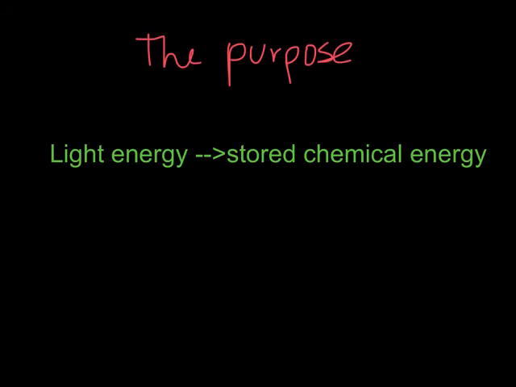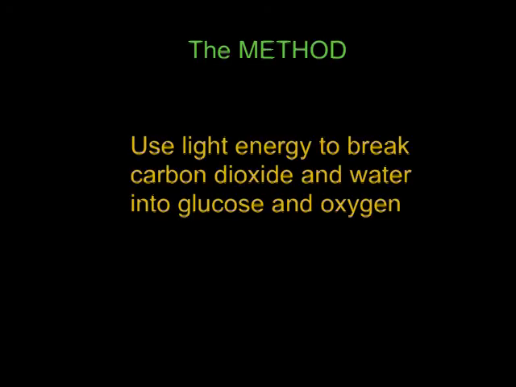So, turning light energy into stored chemical energy is the purpose of photosynthesis. The method, meaning how it's done, is to use light energy to break carbon dioxide down and break water down and rearrange those into glucose and oxygen. That extra energy that the sun provides is stored in glucose.